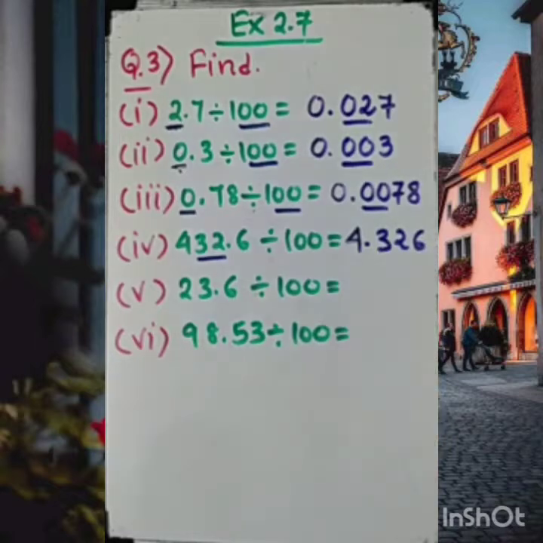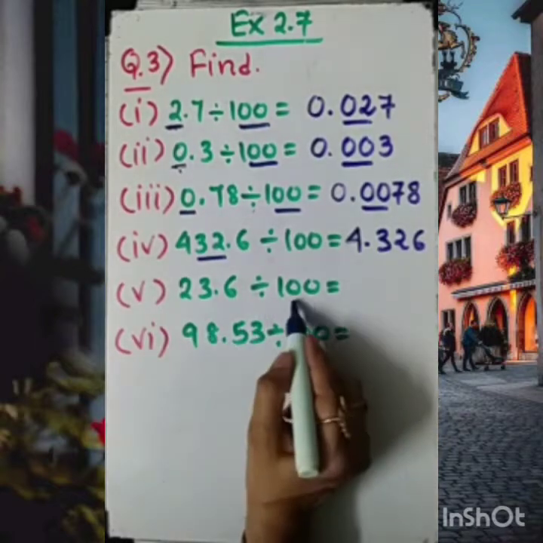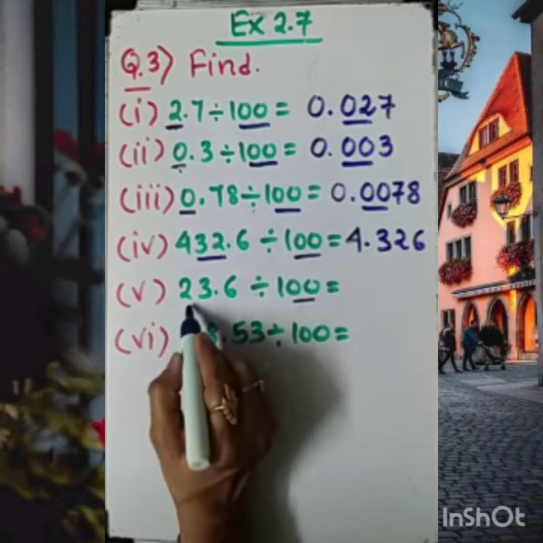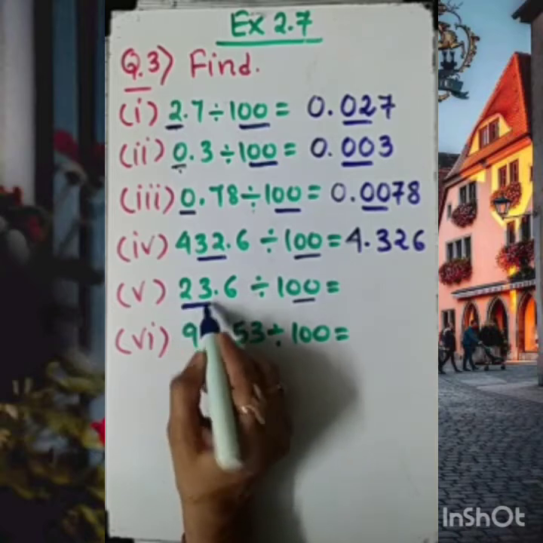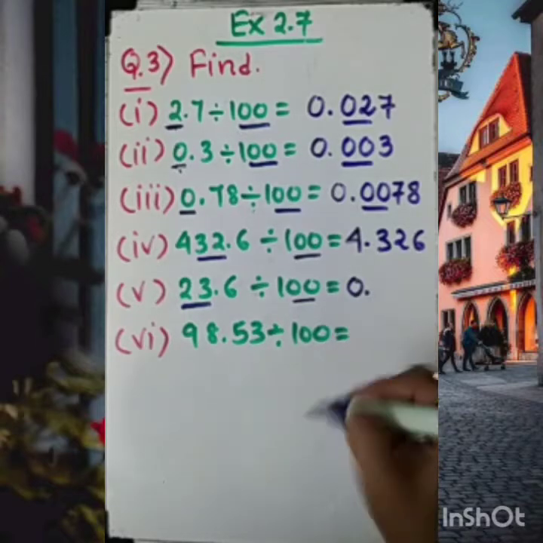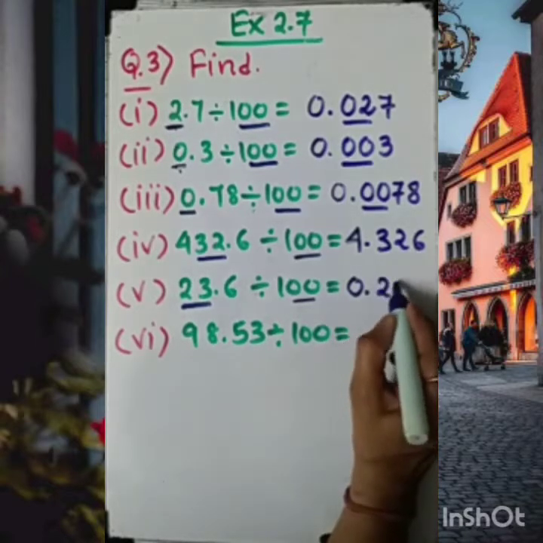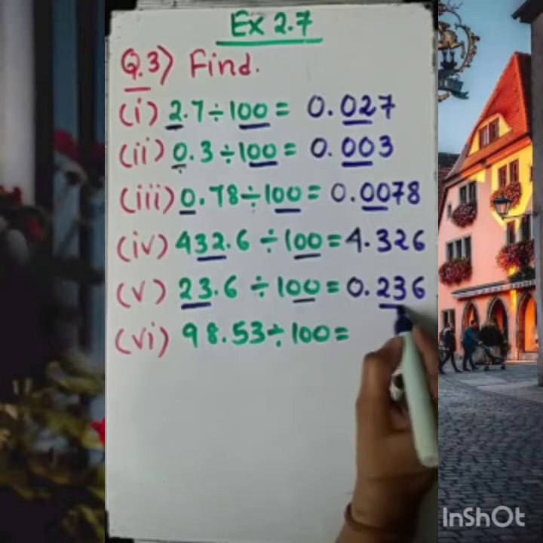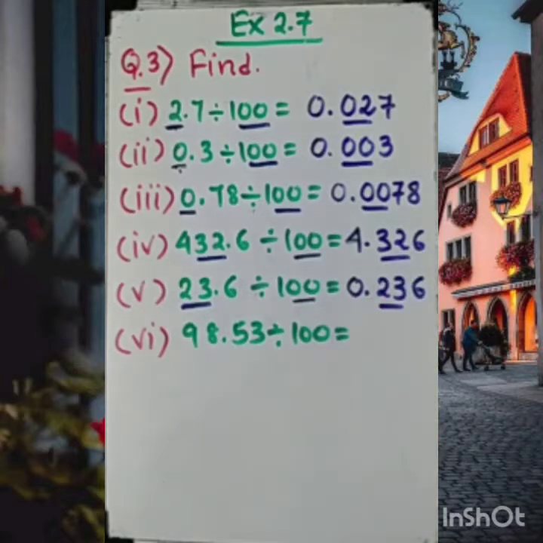Very easy. Here again 2 digits I need to shift. So which 2 digits before the decimal? 23. So I am shifting 23 to the left side. So it will become 2, 3 and 6 was already there. I am underlining it for your better understanding also, which digits we are shifting.